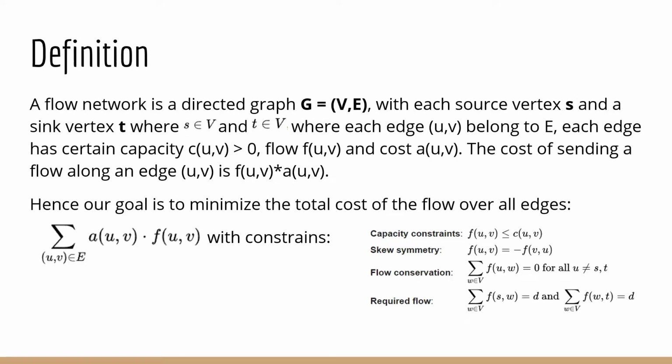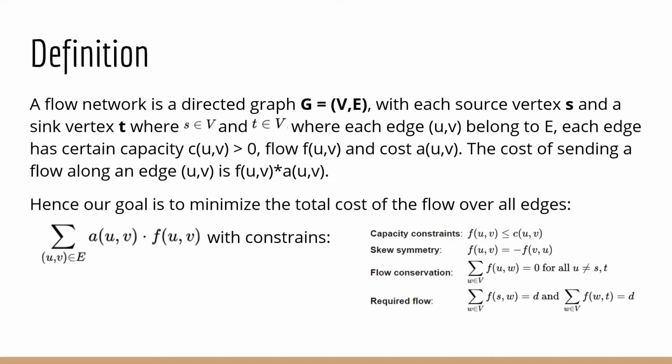So let's go to the definition. A flow network is a directed graph G with vertices V and edges E, with a source vertex we call S, and a sink vertex T. They all belong to the vertex set, where an edge UV belongs to the set of edges E. Each edge has a certain capacity C_UV that must be greater than 0, flow F_UV, and cost A_UV.